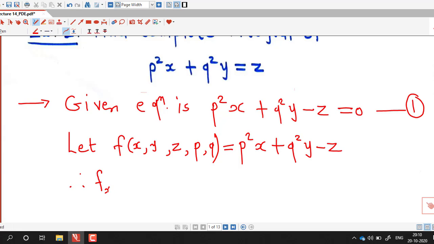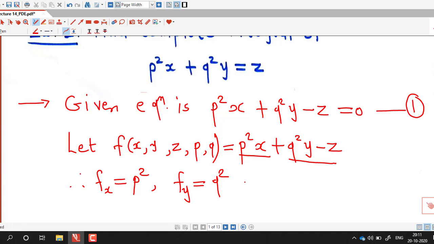Then we require partial derivatives of f. If we differentiate f partially with respect to x, there is no x in the other two terms, so their derivative is 0, and the derivative of the first term is p square, as the derivative of x is 1. Similarly, del f by del y is q square.